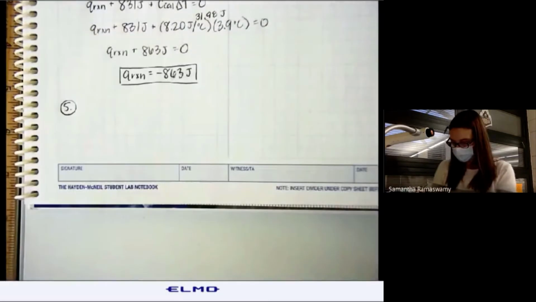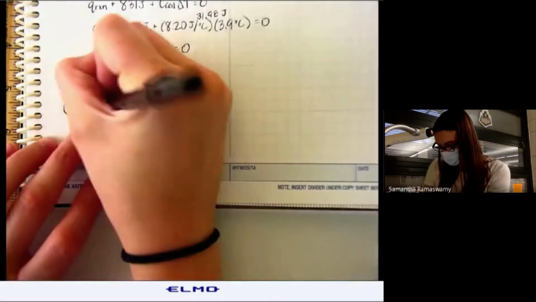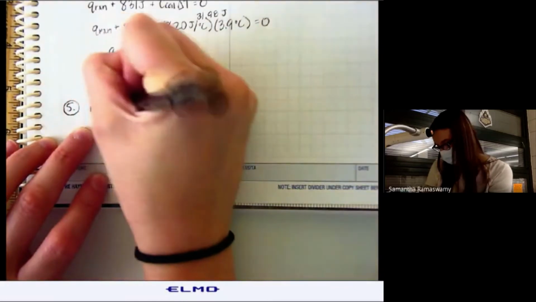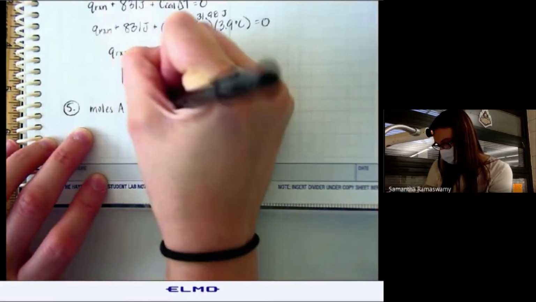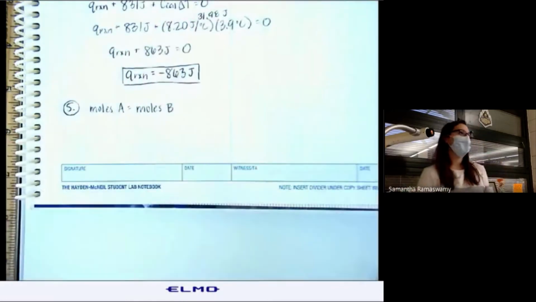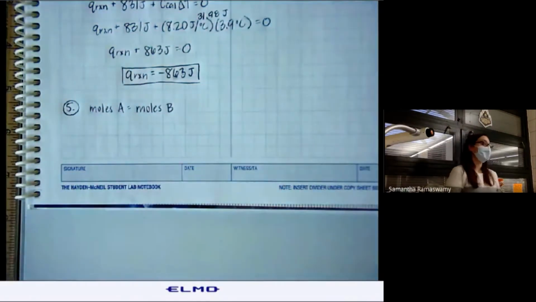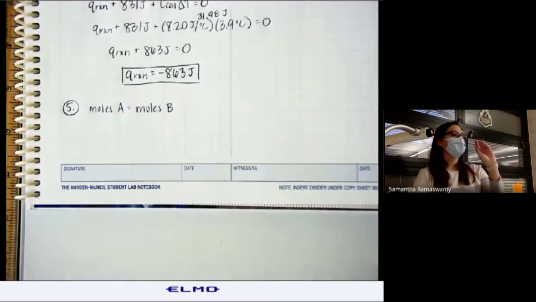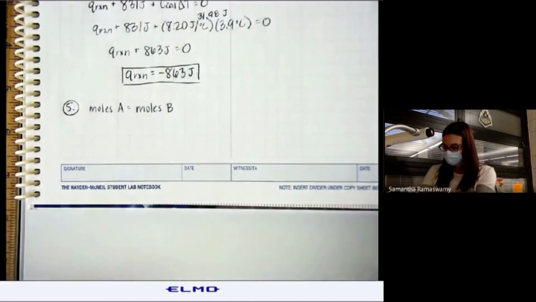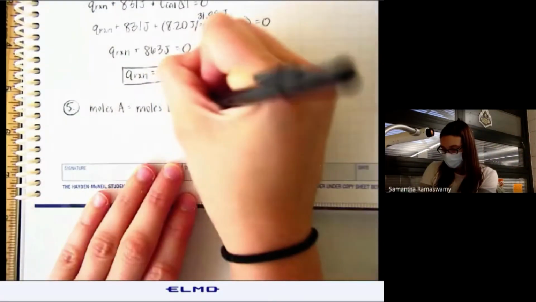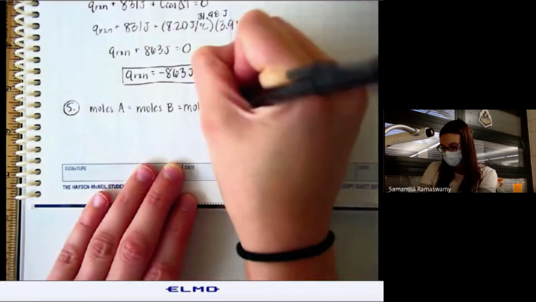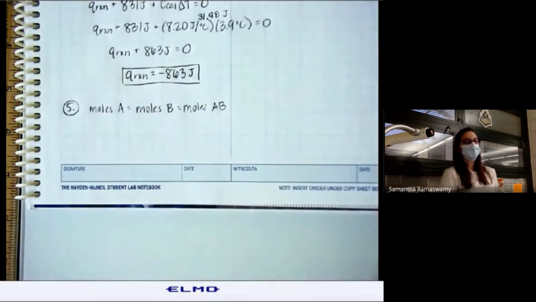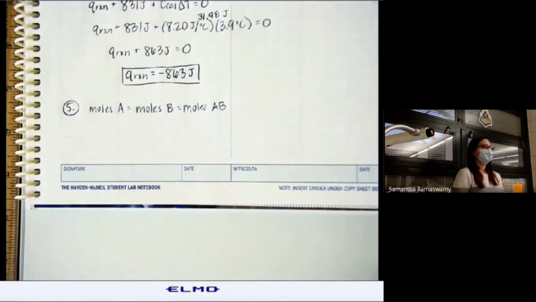So I'm just going to write down first that moles of A equals moles of B. That means there's no limiting reactant. Makes it very nice for us. And based on the balanced equation, it's 1 to 1 to 1. That means whatever the moles of A and the moles of B are is also the moles of AB.